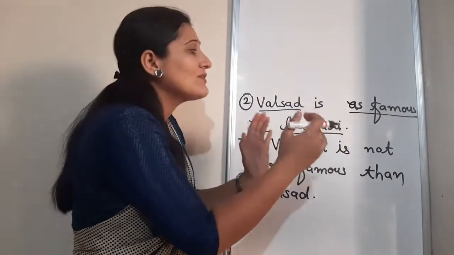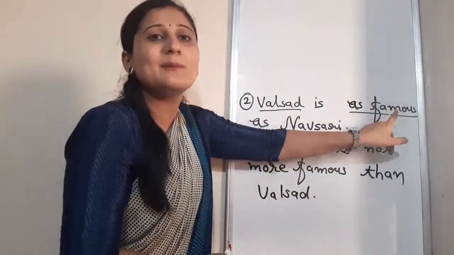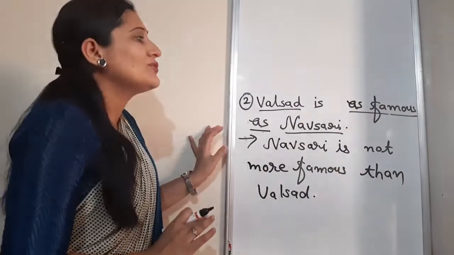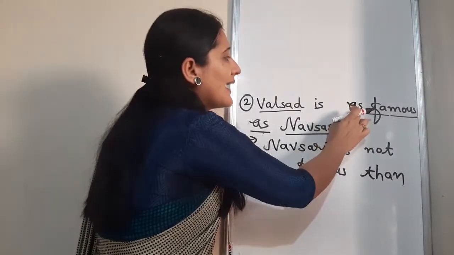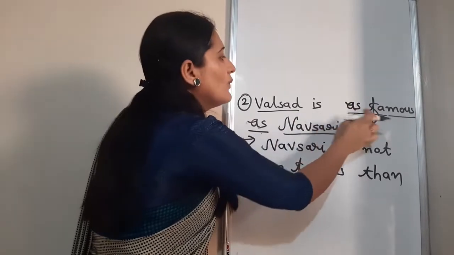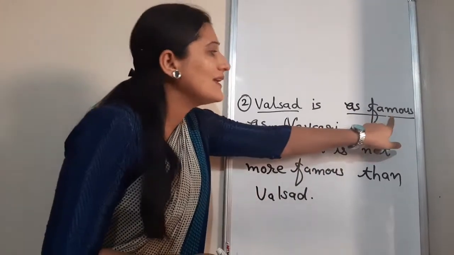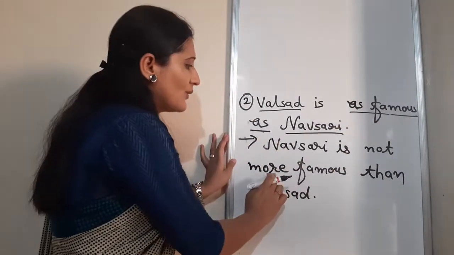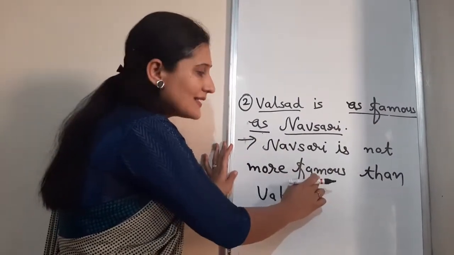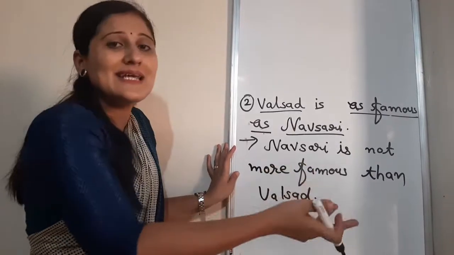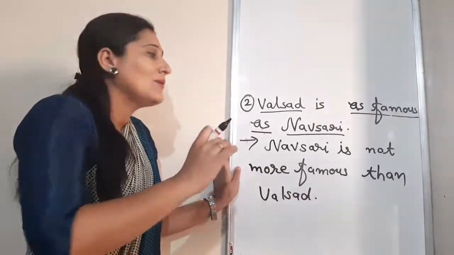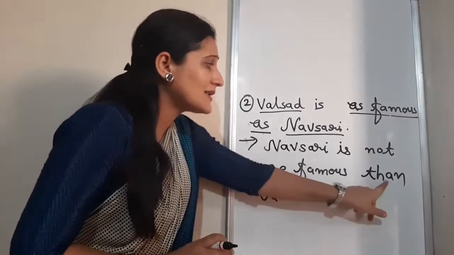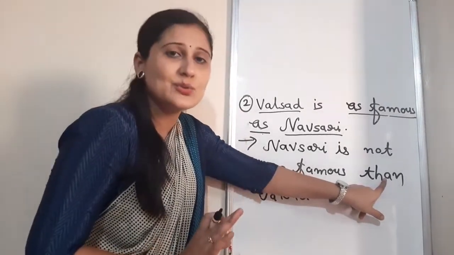And then after, whichever, as, so, as. In between, whichever word will be there, that will be your adjective. Keep in mind, if you are unable to find the adjective, then as, adjective, as, so, adjective, as. So in between you will find the adjective. Then easily you can come to know whether it is more plus adjective or adjective plus er, according to our rule. Then if comparison is between two, we will write than.